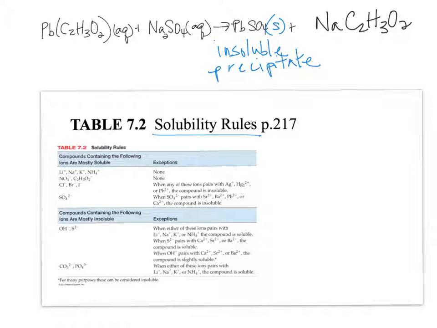And then the sodium acetate, we can look for it, and we see that sodium is listed here as being soluble, and there are no exceptions to that rule, so sodium acetate is an aqueous solution. So that means that the lead sulfate is going to precipitate out as a solid in this reaction.